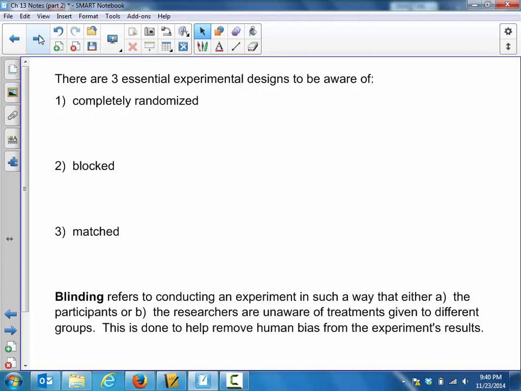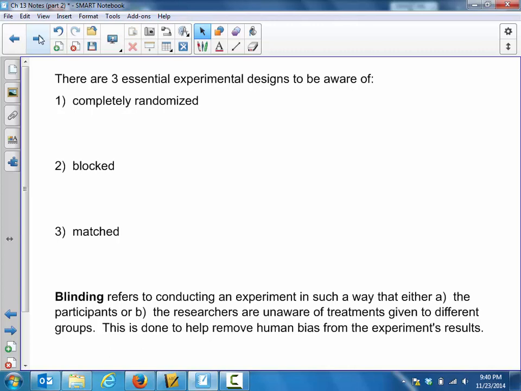Oh, doctor, I've got this, I've got that. We'll just give them a sugar pill, which has no real medicine in it at all, and just by virtue of taking something that the doctor has prescribed, their perception of reality will change in such a way that psychologically they'll be improved and their health will improve as a result. We know that mental well-being does translate to physical well-being and vice versa. So that's one example of blinding that occurs.